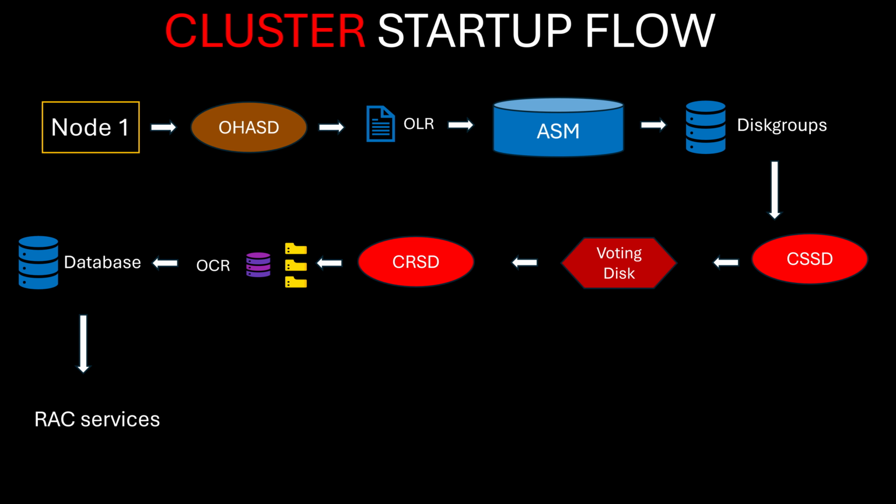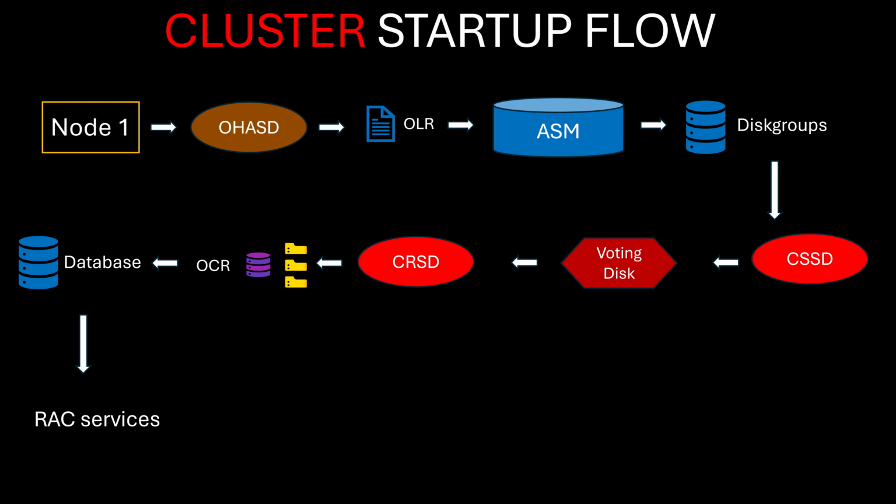Using OLR, Oracle starts ASM. ASM mounts the disk groups. Now OCR becomes accessible. Next, CSSD begins maintaining cluster membership and coordinating node synchronization. Voting disks are used to validate node availability through network and disk heartbeats.